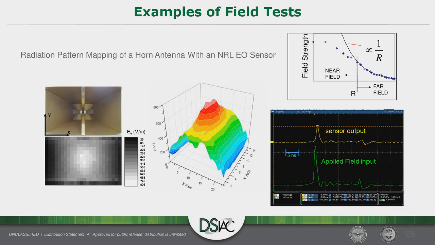So we can measure both near field and far field. This is possible because the EO sensor doesn't reflect the RF signal back into the horn antenna, so it is safe to measure that RF field. When you do that right at the front of the horn antenna, you can map out the field distribution on the surface, which has typical structures. So you can do that in any direction, at any distance. Thank you. Next, please.